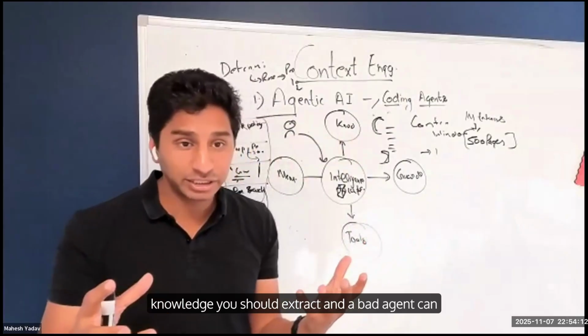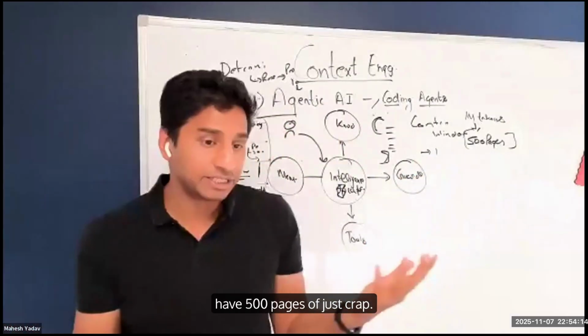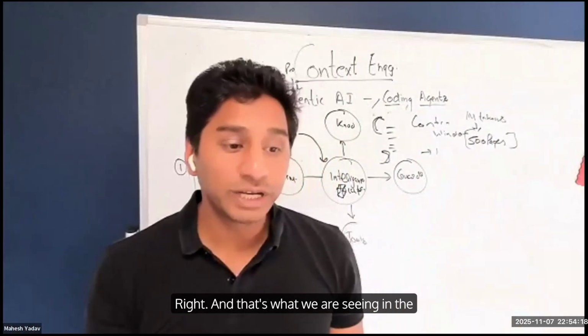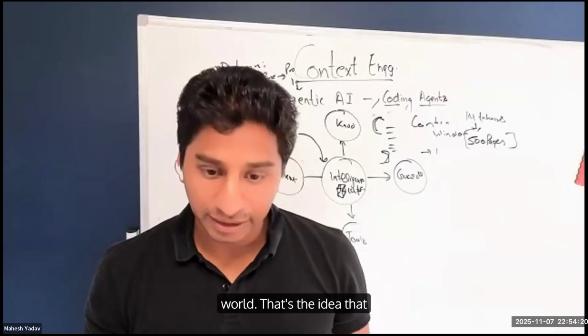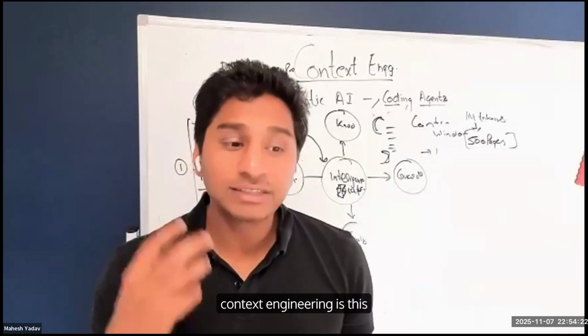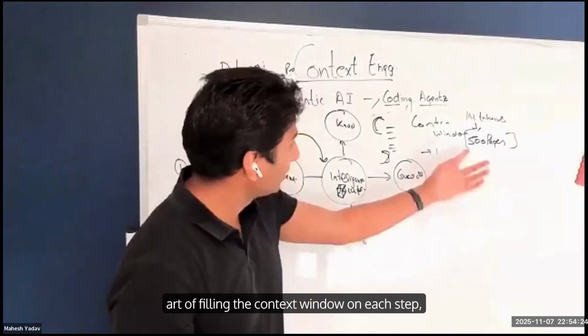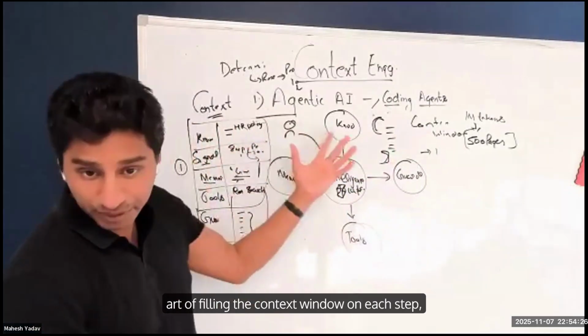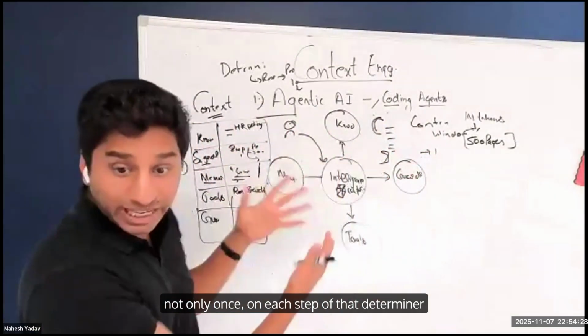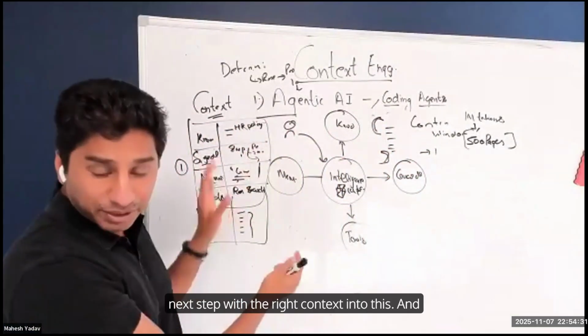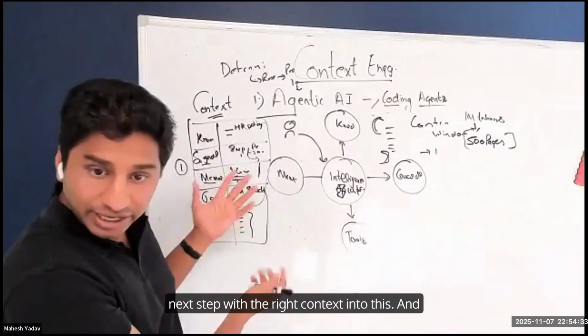And a bad agent can have 500 pages of just crap, right? And that's what we are seeing in the world. So that's the idea: context engineering is the art of filling the context window on each step, not only once, on each step of determining the next step, with the right context.